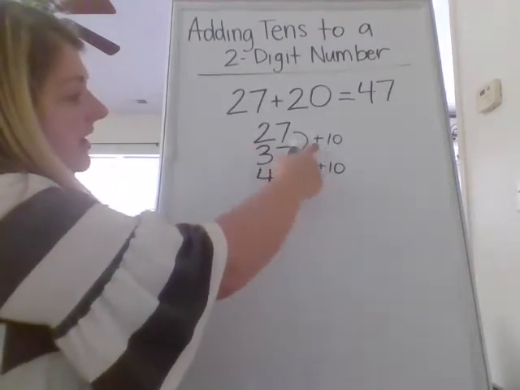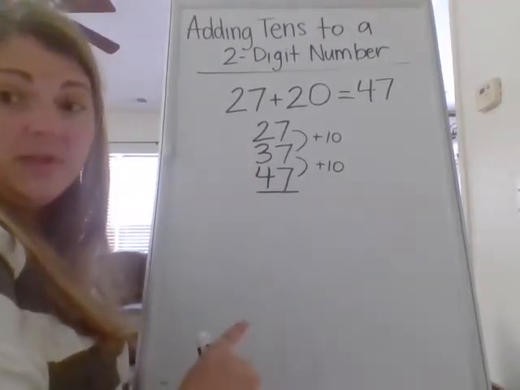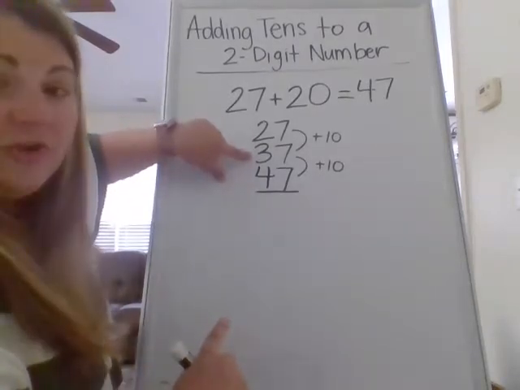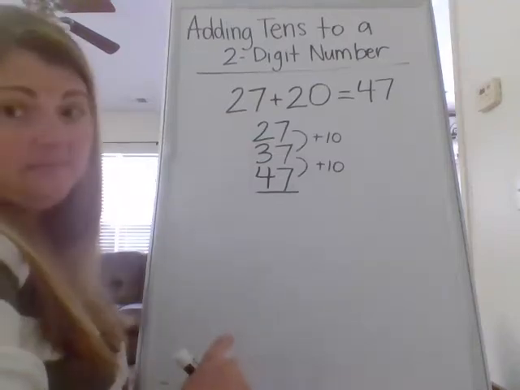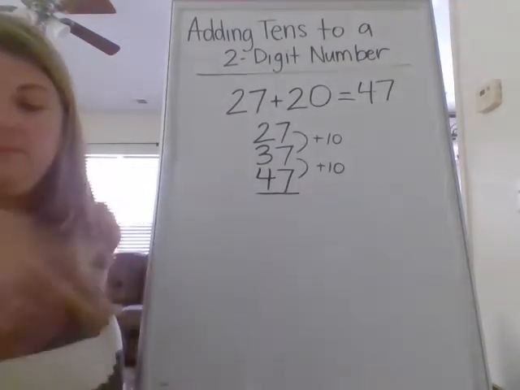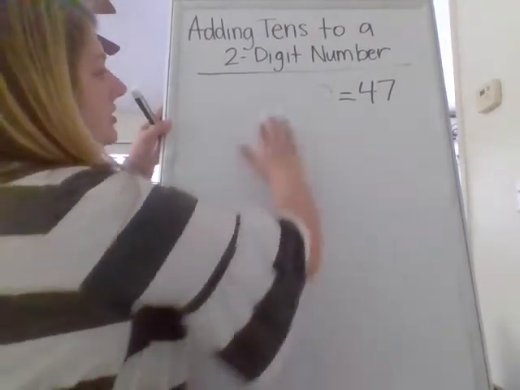So each time you add a 10, the tens place goes up. It increases by 1. 20, 30, 40. And the ones place stayed the same. Okay? So we're going to do one more problem, and then you will be ready to do your worksheet.